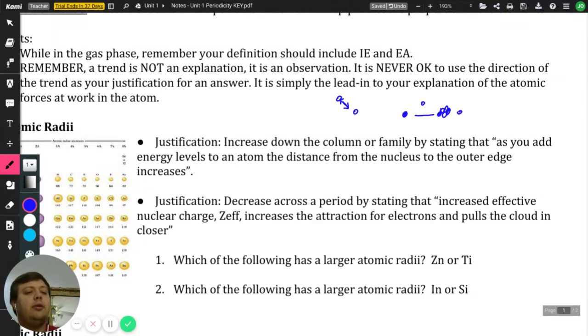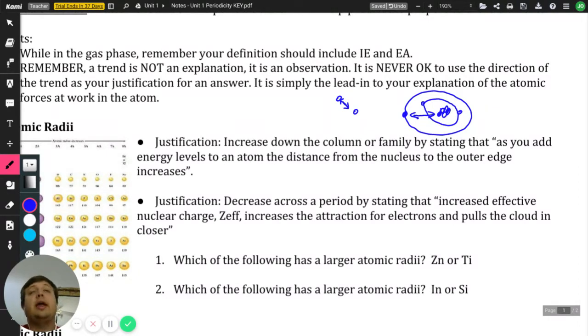So this distance here has increased in comparison to that hydrogen. Okay, and we can use a Bohr model. But again, the Bohr model we obviously know is not the correct way to really show what's going on, but it is a good way to get a general idea of what's going on.